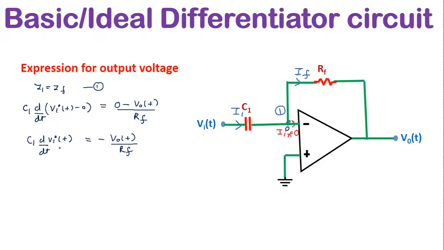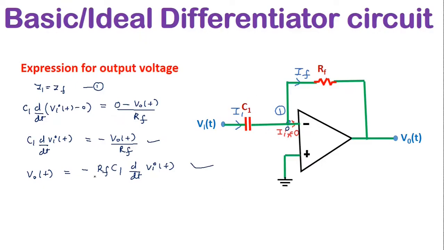Now from this equation we can find the output voltage V0 of t, which is equal to minus of RF into C1 into d by dt of Vi of t. So this is the equation for the output voltage of this ideal differentiator circuit.